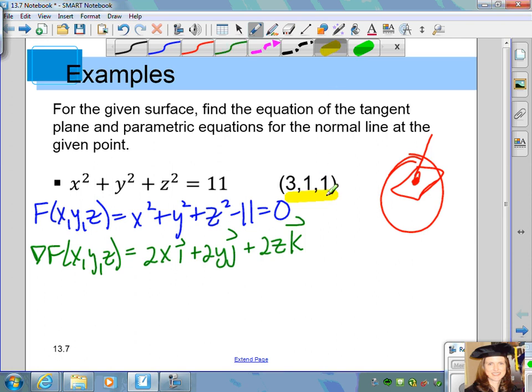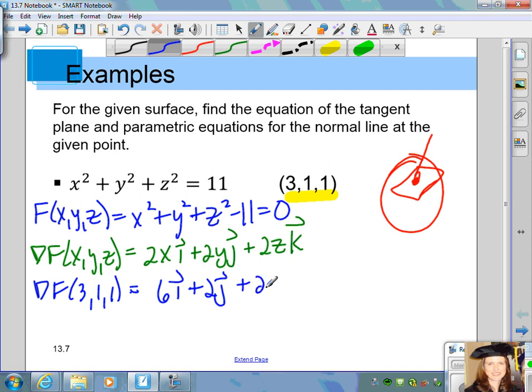At the point 3, 1, 1, we can substitute 3 for x, and we get 2 times 3, 6i, plus 2 times 1 is 2j, plus 2 times z, or 2 times 1 is 2k. So that is a vector. I can switch to the angle bracket notation, 6, 2, 2.